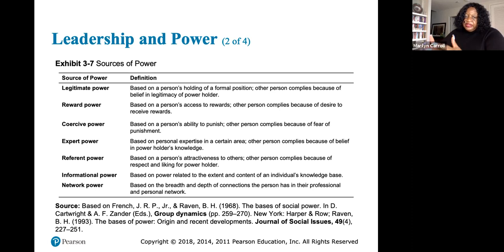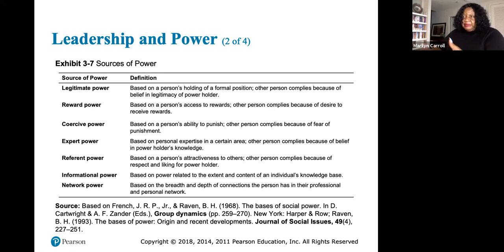Network power is based on the breadth and depth of connections the person has in their professional and personal network. So we operate a lot in this day and time on referent power and network power, when we should be looking at legitimate power as well as informational power.